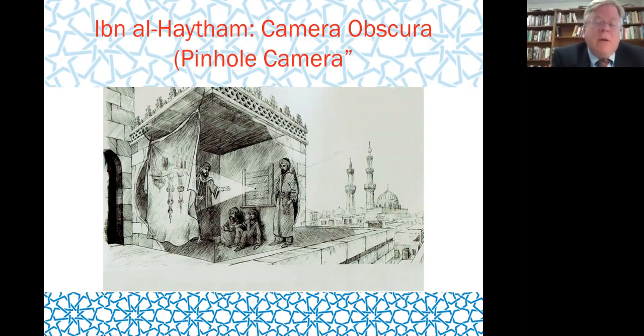Moreover, correct understanding of vision also led to the precise understanding of visual perspective, which led to the mathematization of space. And without the mathematization of space, there would be no Cartesian coordinates and no Newtonian physics.